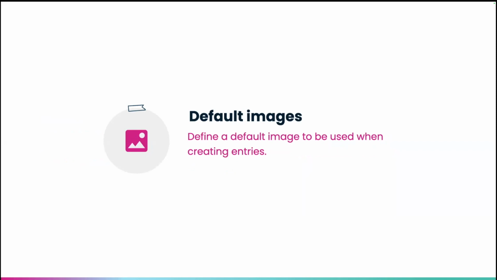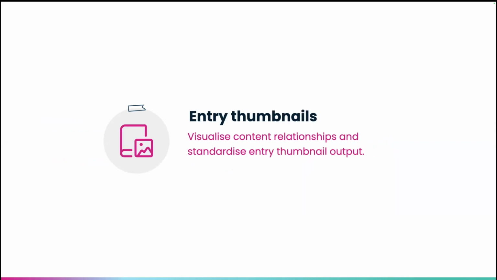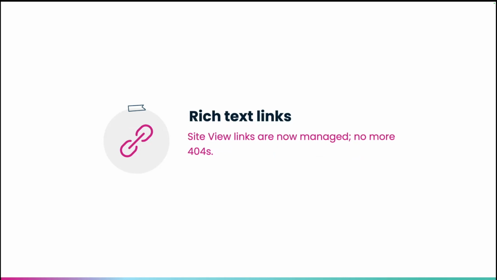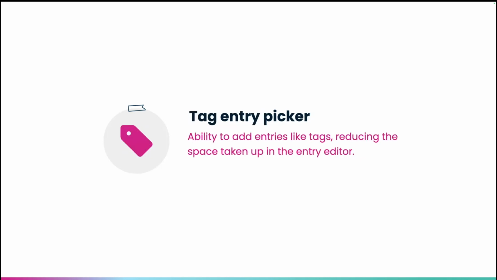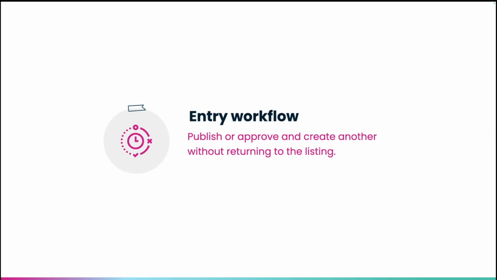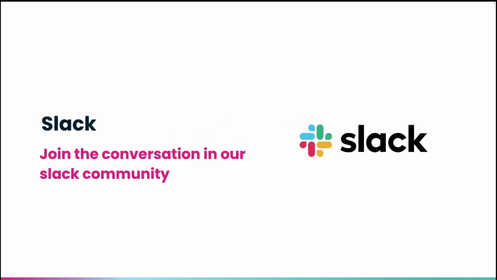The ability to set default images, to set entry thumbnails in images and see those in entry pickers and entry display to really visualize those content relationships. Manage links within rich text fields when you move them in site view. The ability to upload SVG and WebP support. Didn't show you that. My memory's not that good. The tag entry picker. The improvements to entry workflow.